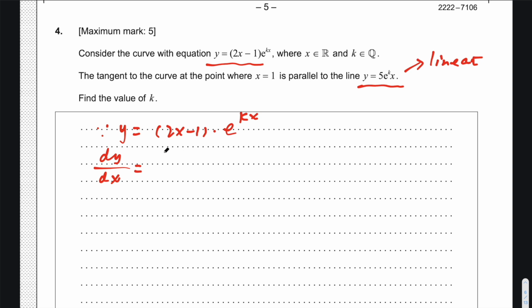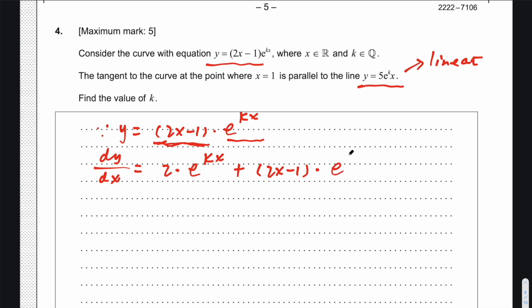So by applying the product rule, I can find the derivative of this times the original, so that's 2 times e to the power of kx, then plus the original expression times the first derivative of the other expression.